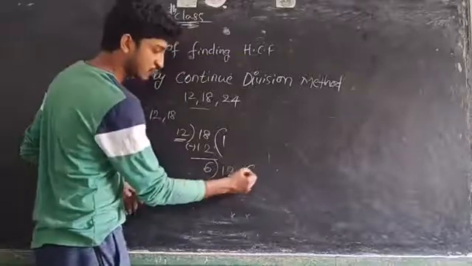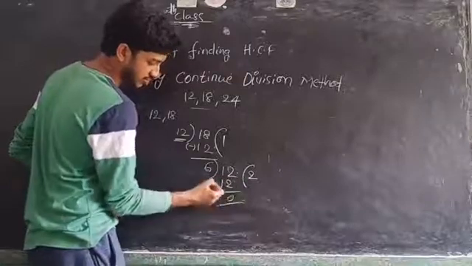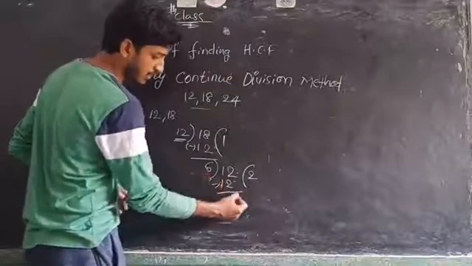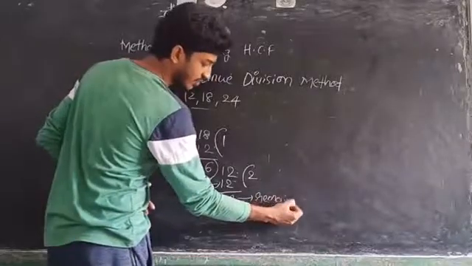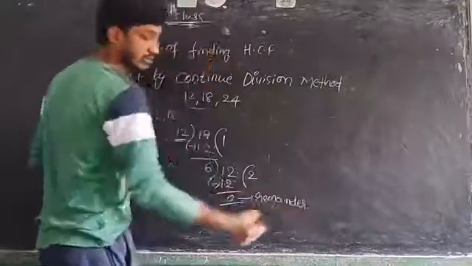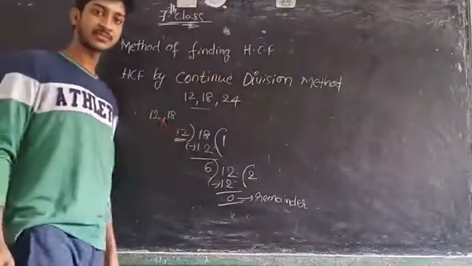How many times now? 2 times. 6 2s are 12. 12 minus 12 is 0. So we get the remainder as 0. When we get the remainder as 0, the last divisor is the HCF for the given two numbers.